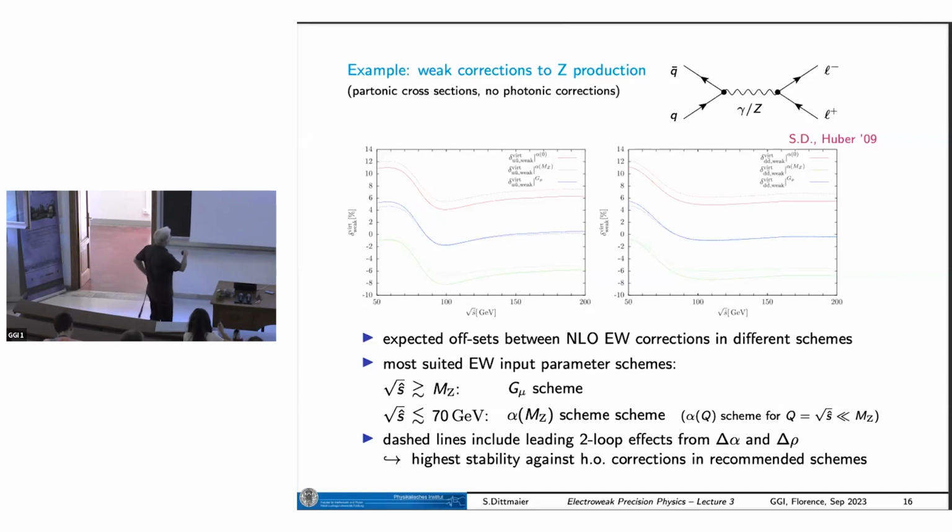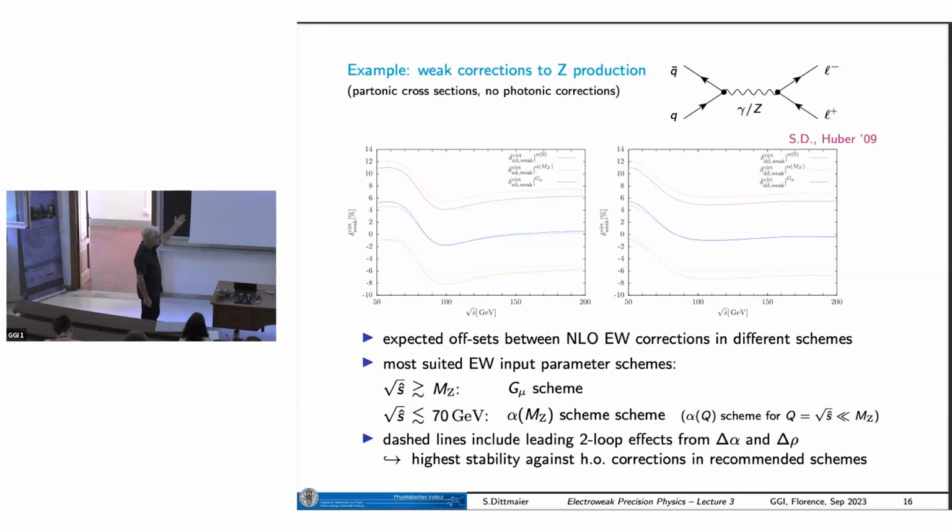And this means that all of a sudden this alpha of MZ scheme, here, the green one, is better suited because it's closer to 0. So there's a transition region even on the energy scale, which scheme is best. Yeah, so this is also suggested by the game that I played before with the universal couplings.